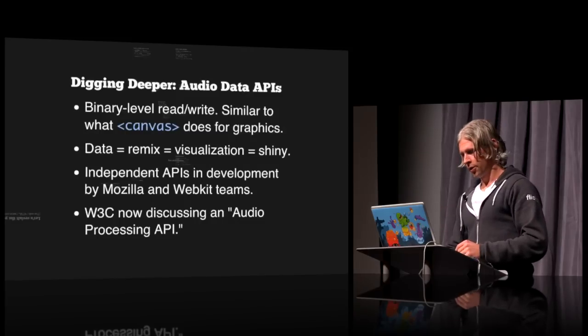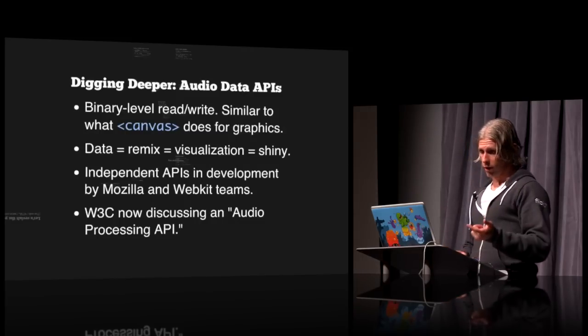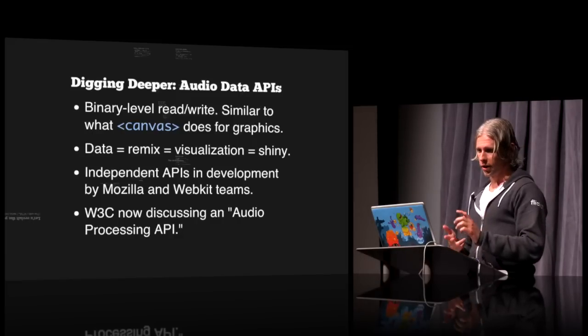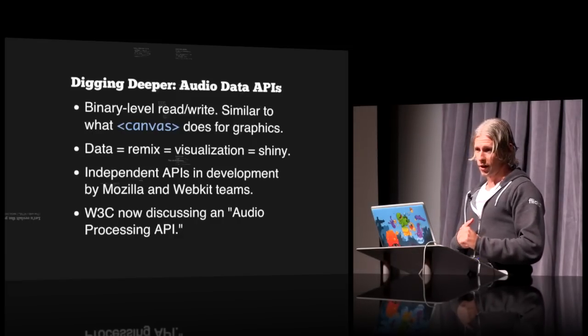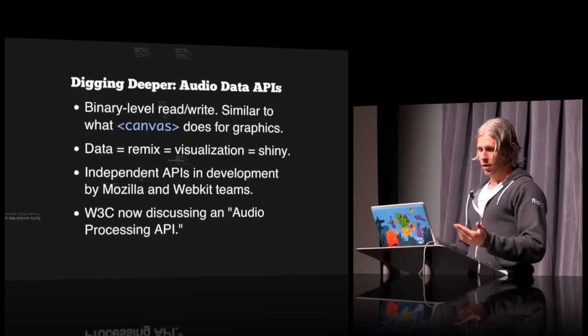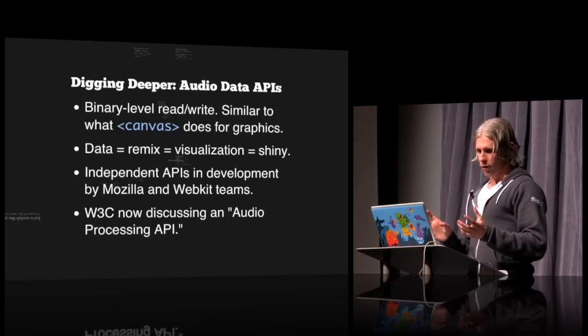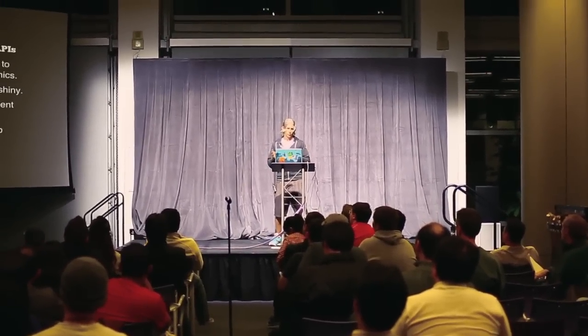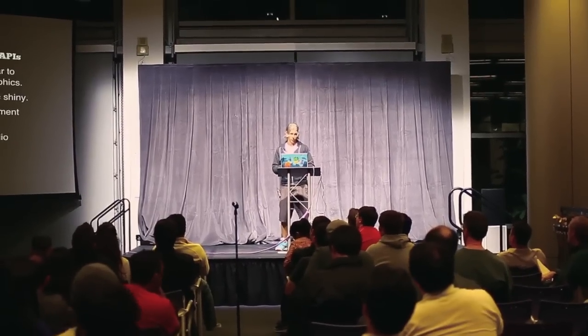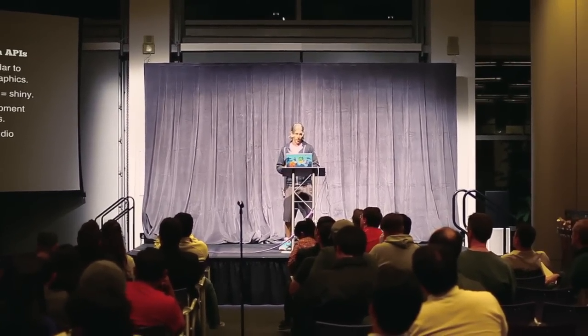So the next thing is the lower level audio data APIs. Mozilla and WebKit are both working on APIs that allow effectively Canvas-like read and write access for audio, and it looks great. The benefit here is that people who are great with creating data on the fly can now do the sort of things that traditional C programmers would do, and DSP type folks are able to work with audio at a low level and generate signals and do processing and effects and all that kind of stuff.